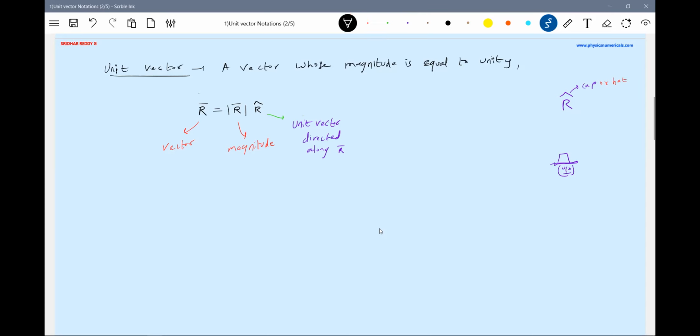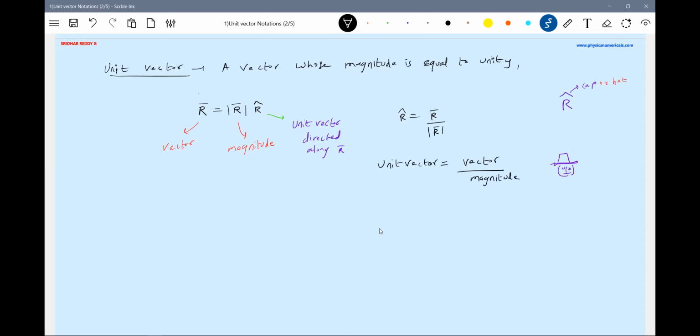We can write r cap as the vector divided by its magnitude. So the general idea: unit vector is equal to vector by its magnitude. What is the direction of this unit vector r cap?